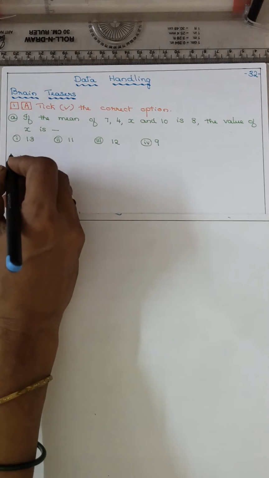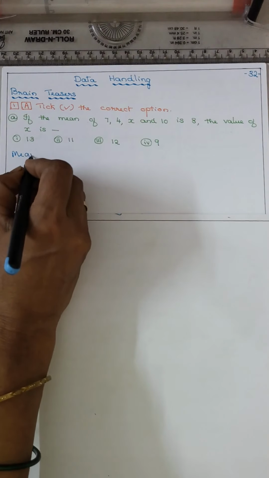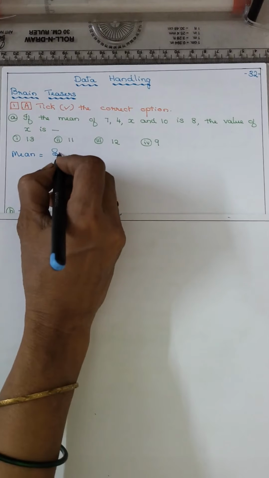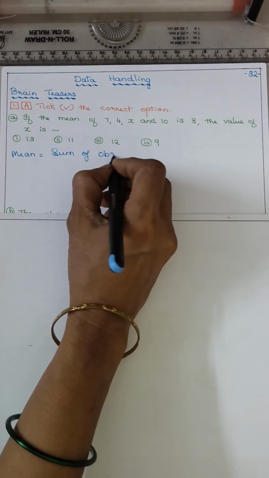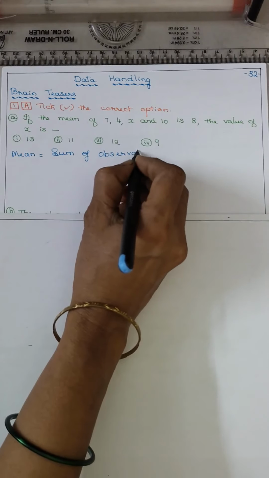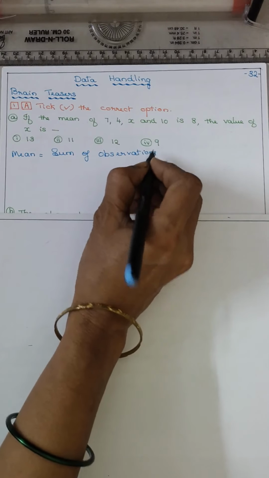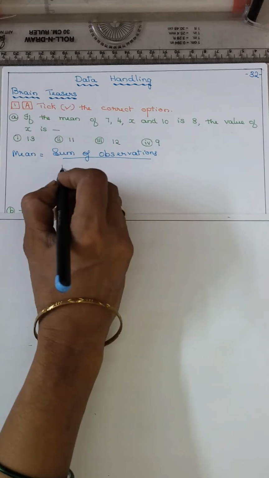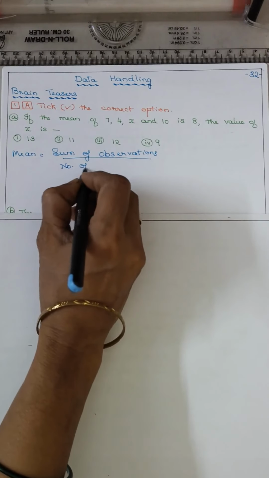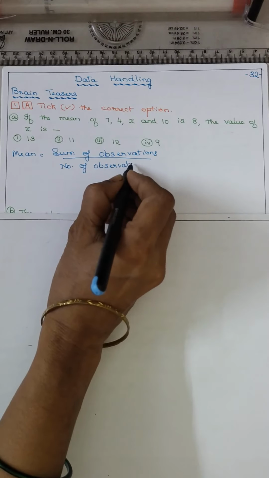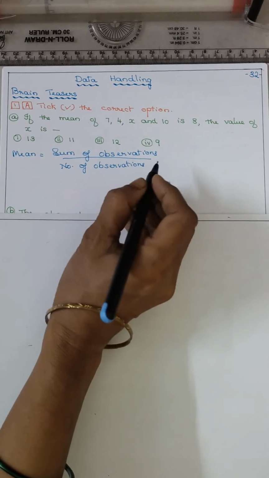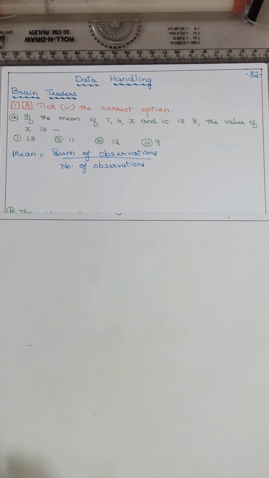So you know, mean is equal to sum of observations upon the number of observations, isn't it? Hope everyone remembers. The brain teasers are like revision work, isn't it?